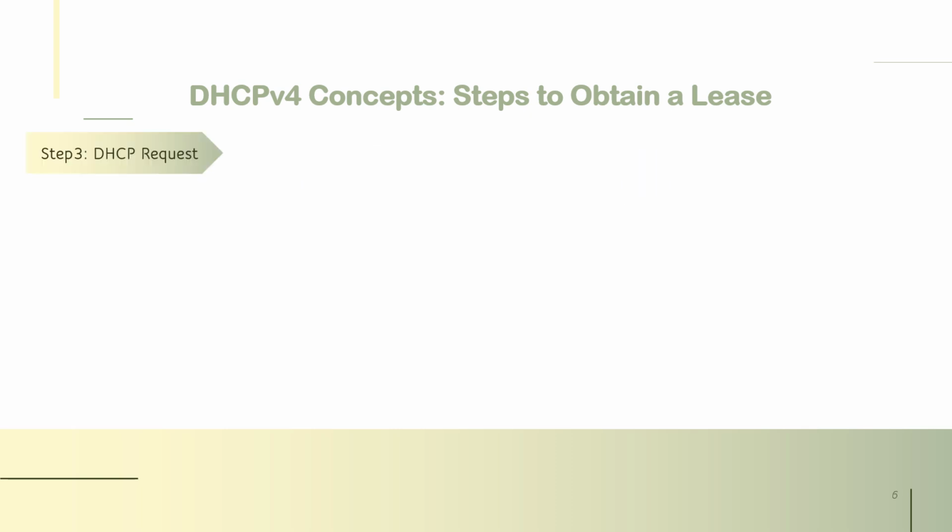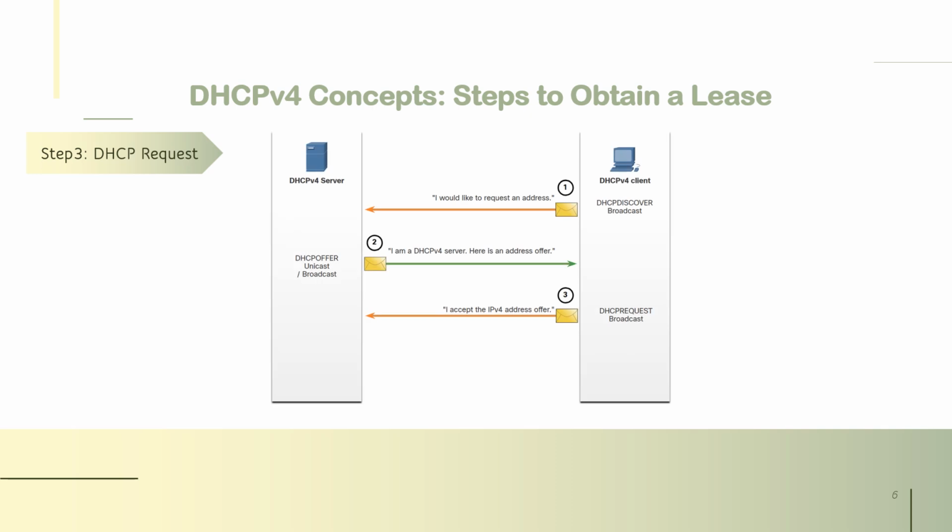When the client receives the DHCP Offer from the server, it sends back a DHCP Request message. This message is used for both lease origination and lease renewal. When used for lease origination, the DHCP Request serves as a binding acceptance notice to the selected server for the parameters it has been offered, and an implicit decline to any other servers that may have provided the client a binding offer.